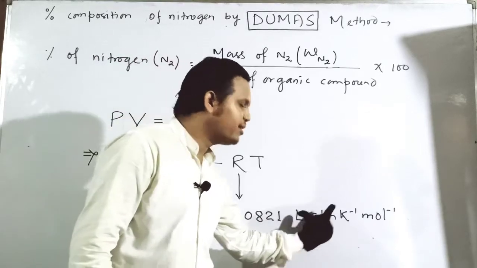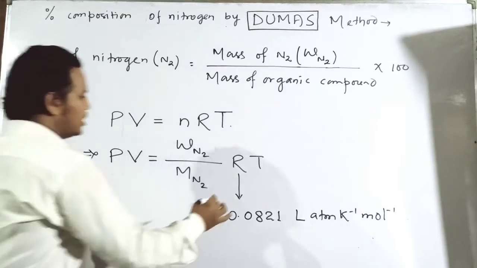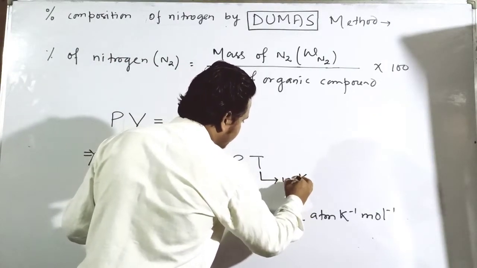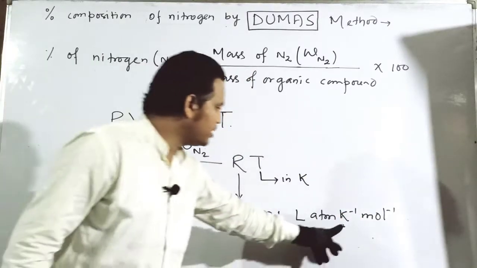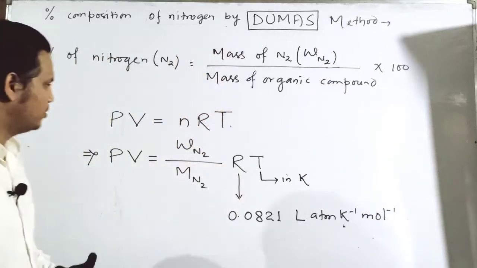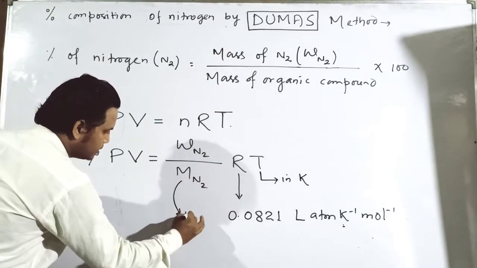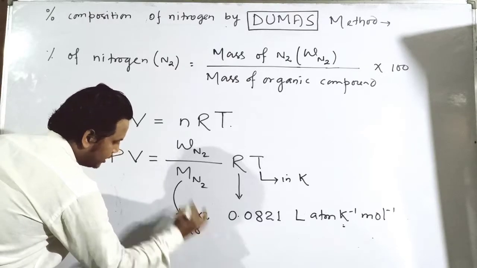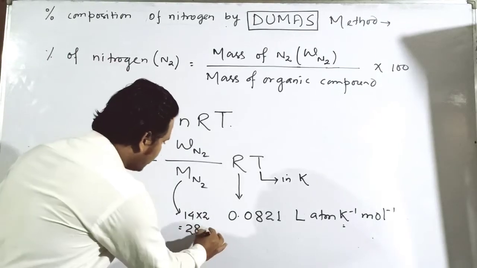What is the temperature? We take temperature in Kelvin, because in the unit of R, temperature is in Kelvin. What is the molecular mass of N2? It is 14 times 2, which is 28. So we know the molar mass of N2, 28 gram per mole.